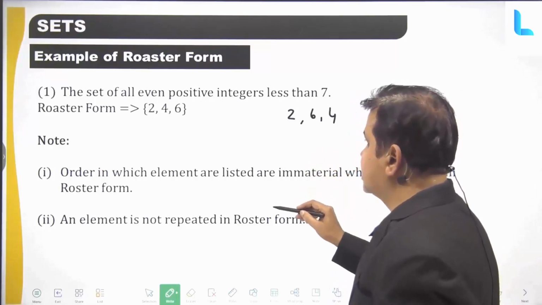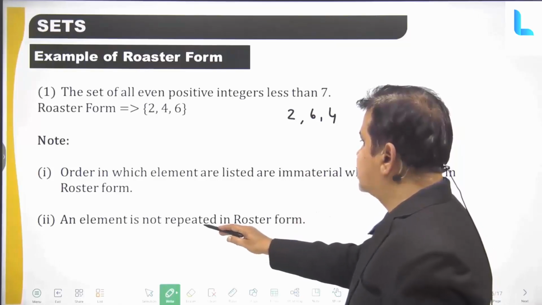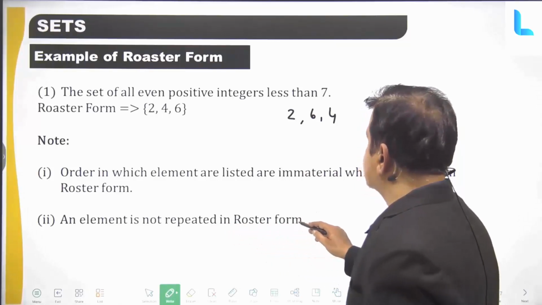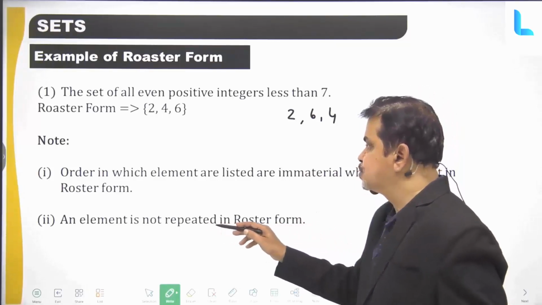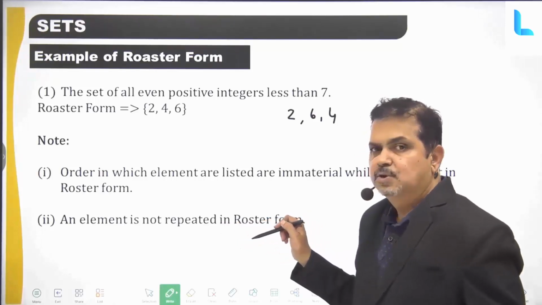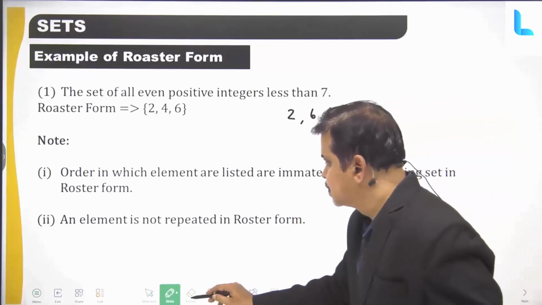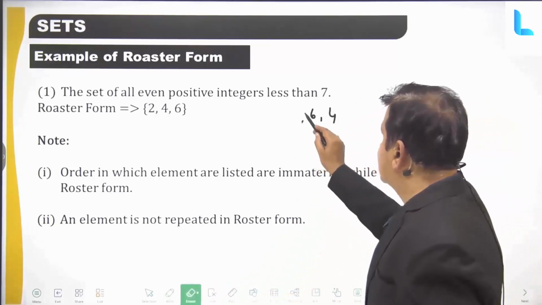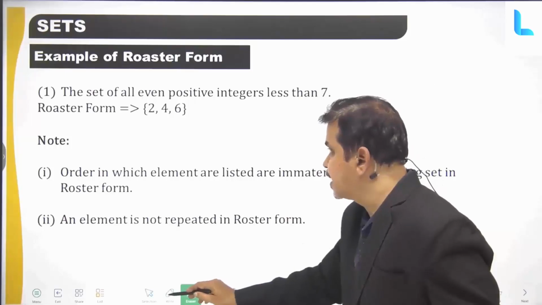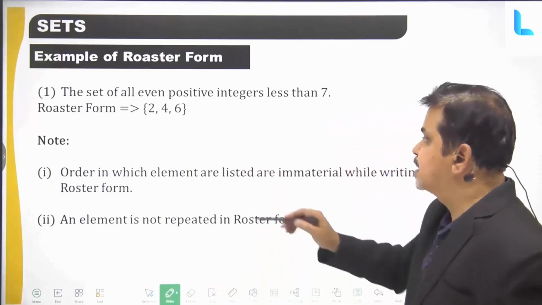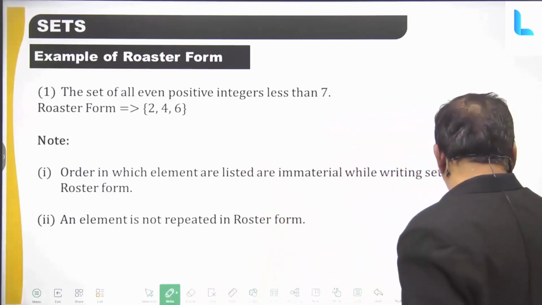But an element should not be repeated in the roster form. This is the rule that we have to follow in order to write the elements in a roster form.